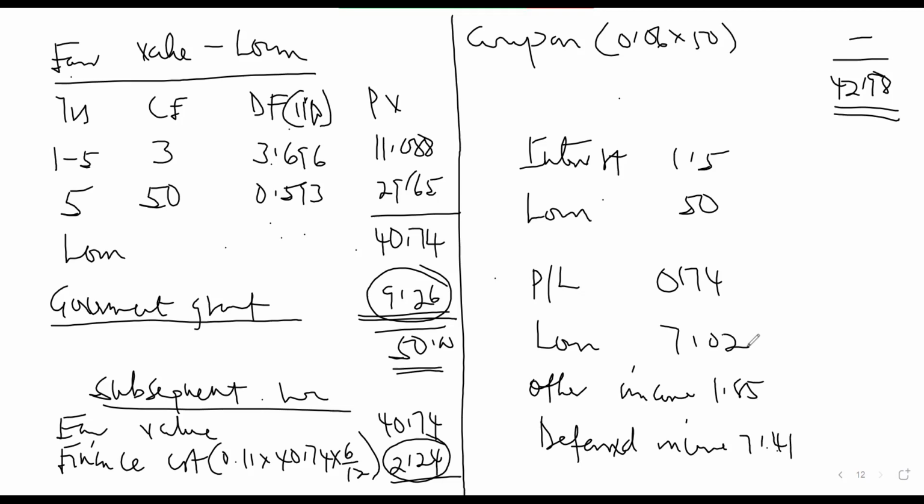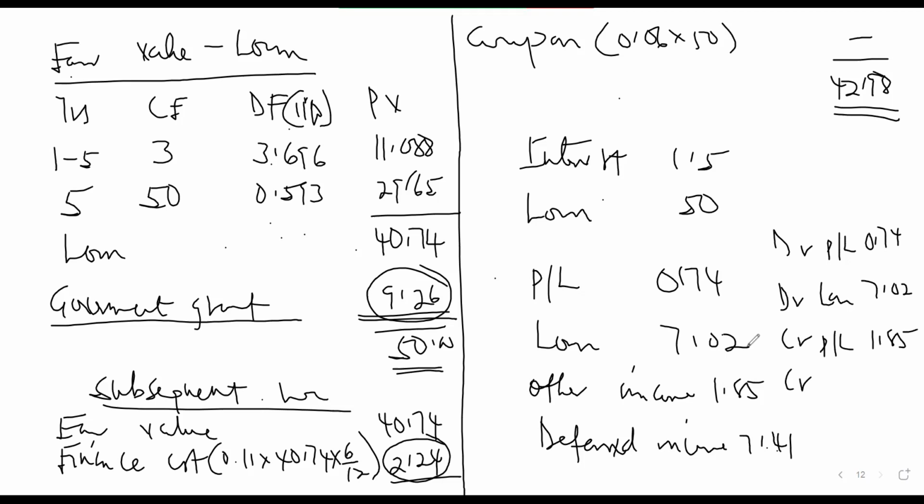So you debit the interest, you debit profit or loss, with 0.74. You debit the loan with 7.02. You credit the profit or loss with a grant of 1.85.